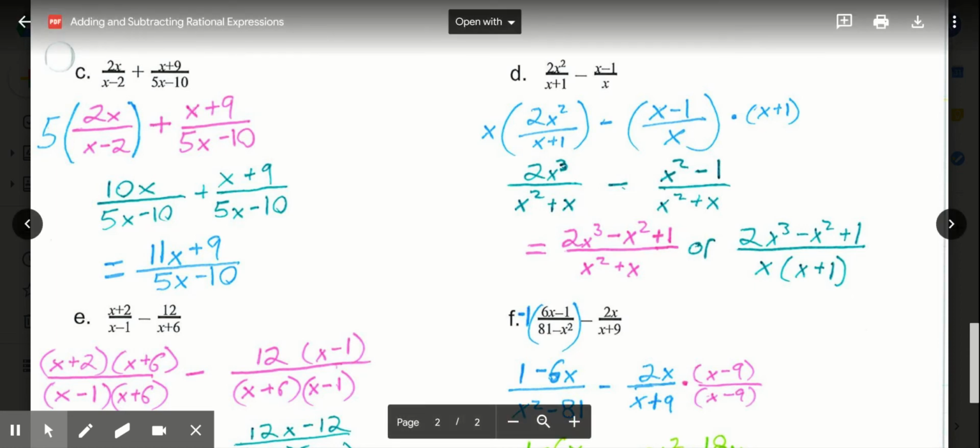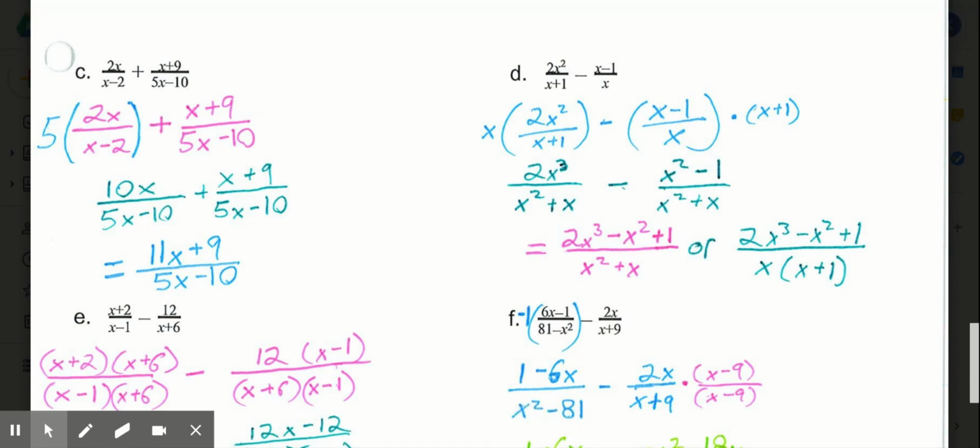Difference of two squares gives us x squared minus 1. Multiply on bottom, x squared plus x. Now, subtract in between. So when we combine, we have 2x to the third minus x squared plus 1.